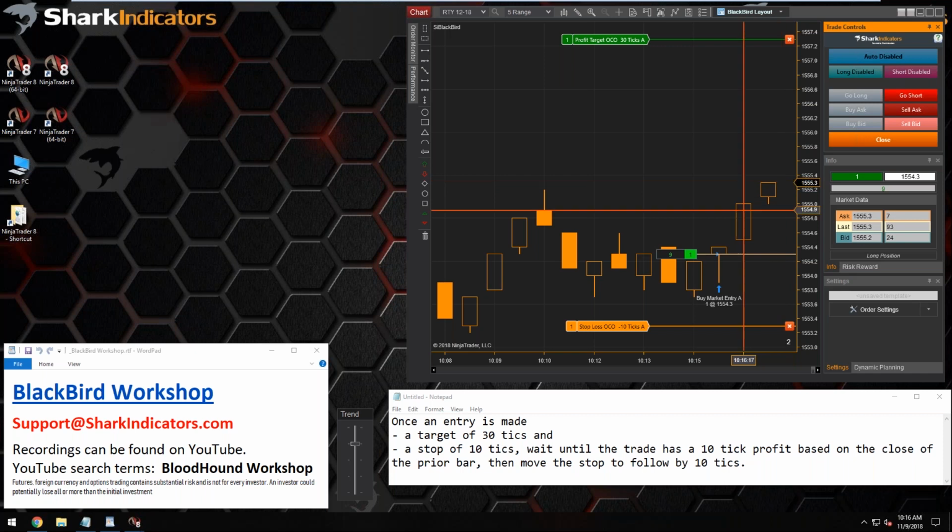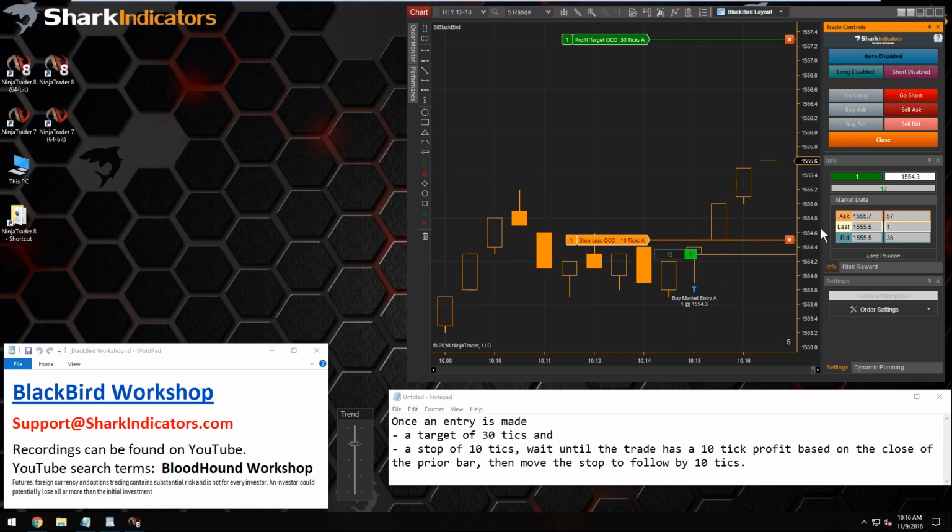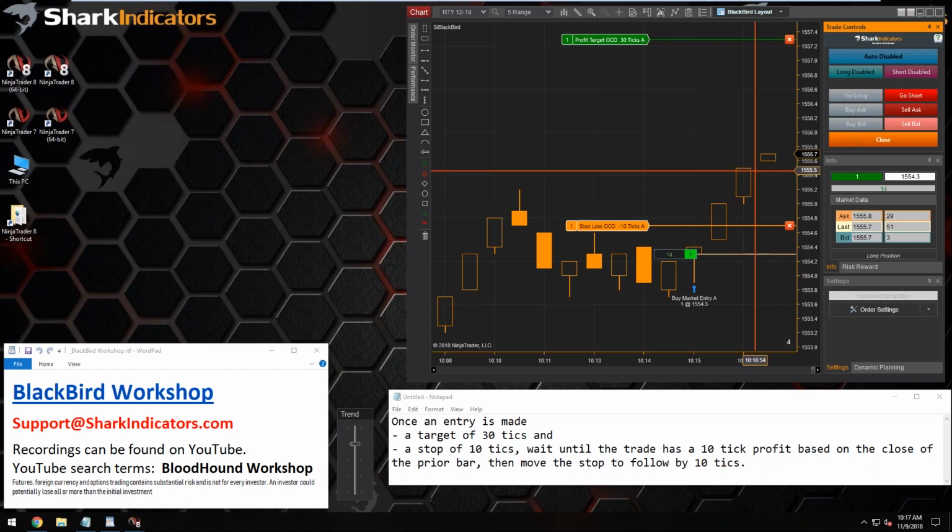Now keep in mind, BlackBird uses the bid and ask to calculate its P&L, not the last price. So therefore, BlackBird's showing you your true P&L. And there we go. Stop loss waited until the bar closed before it started trailing. And now it's just going to start trailing on a tick by tick, 10 tick trailing there.